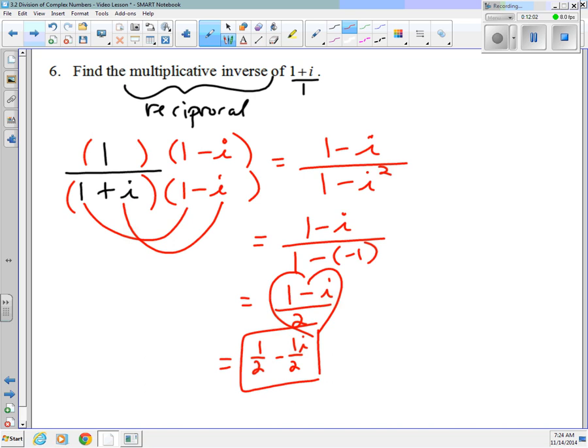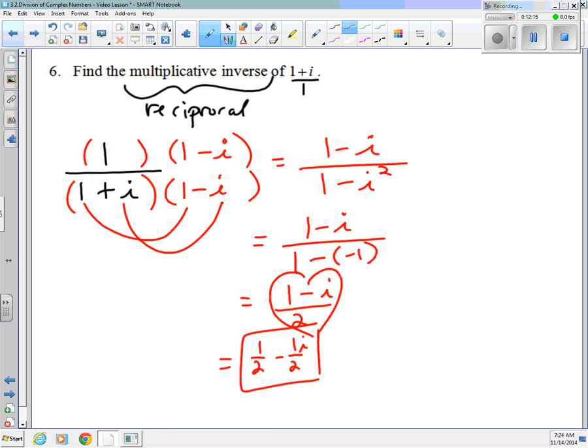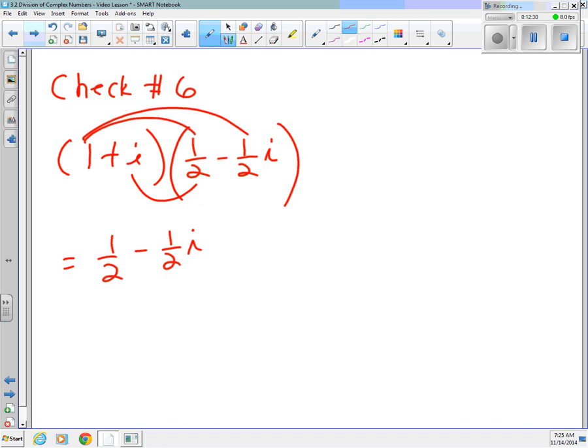Just as a check to that, so I'm kind of checking number 6 here. If we had 1 plus i, and I multiply that by its multiplicative inverse, which is 1/2 minus 1/2 i. Well, 1 times 1/2 is 1/2. 1 times negative 1/2 i is negative 1/2 i. i times 1/2 is positive 1/2 i.